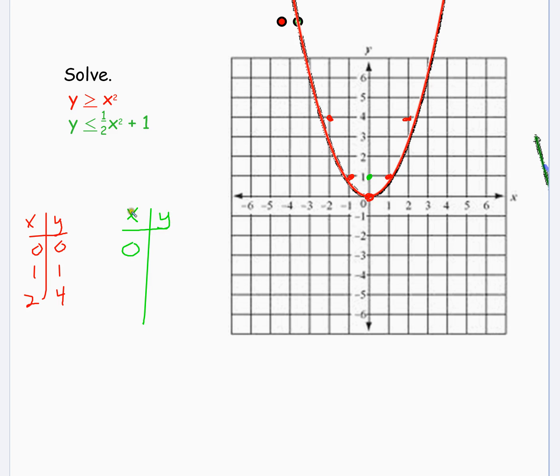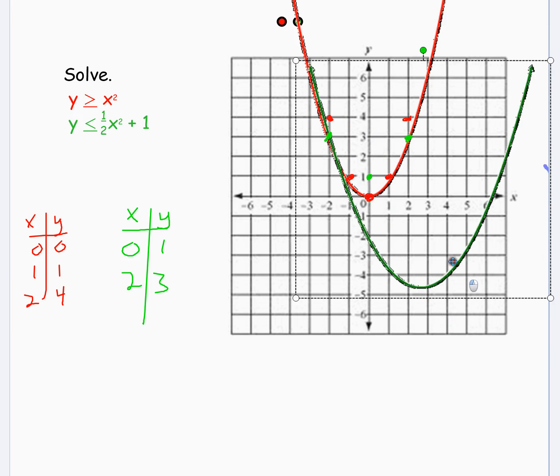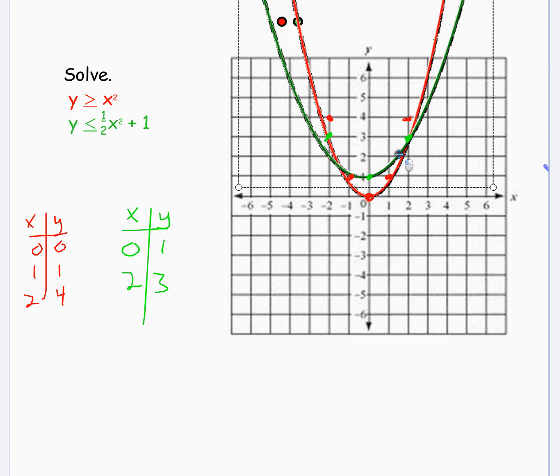So let's do 0. We know actually if we put 0 in, we'll get 1 already, but let's put 2 in. 2 squared is 4, but half of that is 2, plus 1 is 3. So we get the point 2, 3, which means -2, 3 is also in here. And then we have this graph, which we can fit in here.